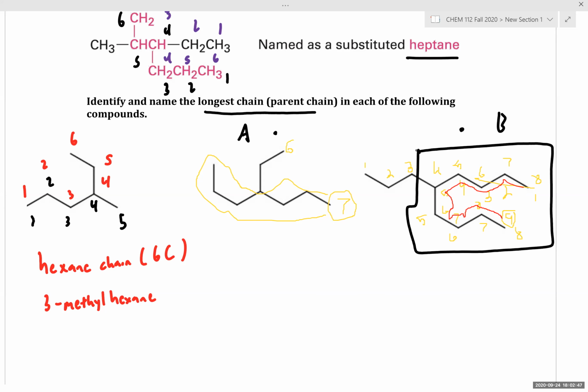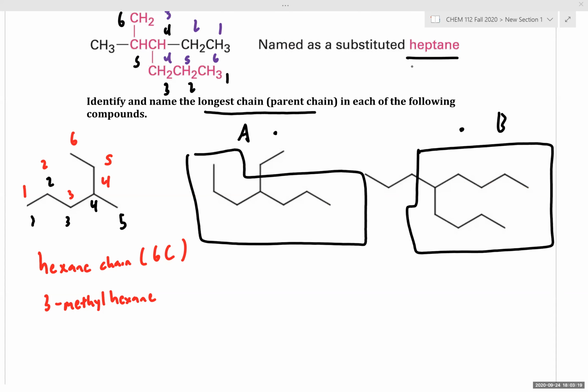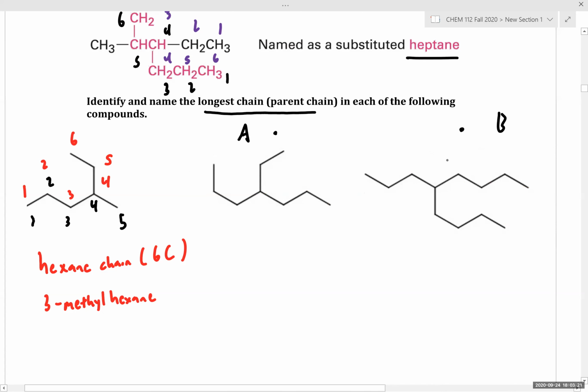And we have a proposal that the longest chain contains 7 carbons in structure A. I would encourage all of you to try grappling with these problems using the annotate tool, because the act of physically going through the problem solving process is invaluable to learning and engaging with the material. The responses look great so far. The more practice you have on these topics, the faster you'll get at this.